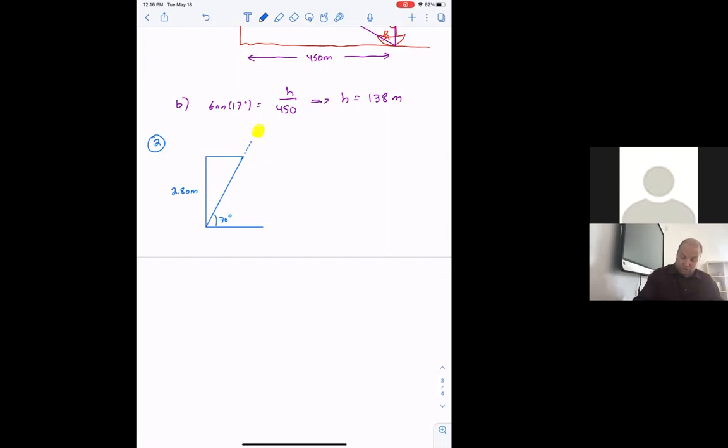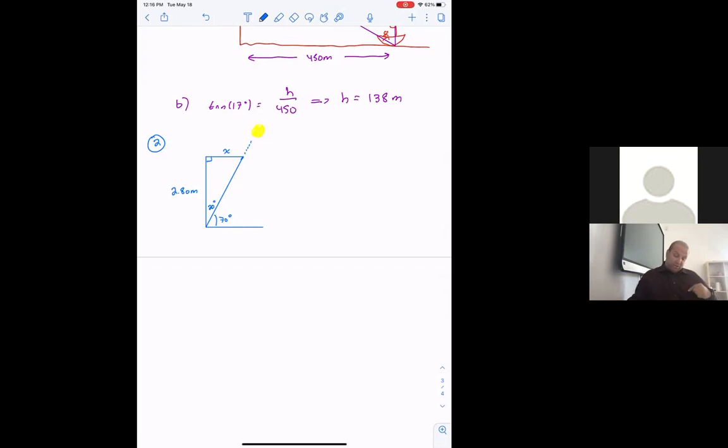How long should the awning be? What is X? And write your answer to 2 decimal places. Okay, well, we want one side of a right triangle. We only have one other side, so I can't use the Pythagorean theorem. I want to use SOHCAHTOA, but I need an angle. My 70 degrees down there is actually outside the triangle. But if you know your geometry, you know that this here must be 20 degrees, so that it adds to 90.